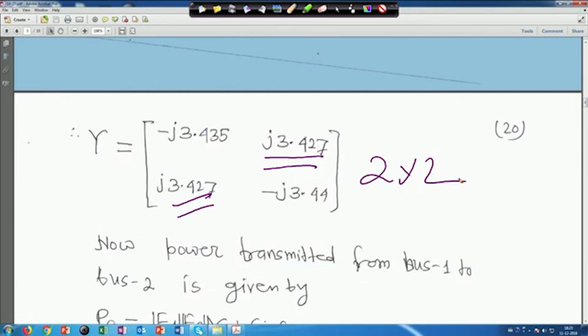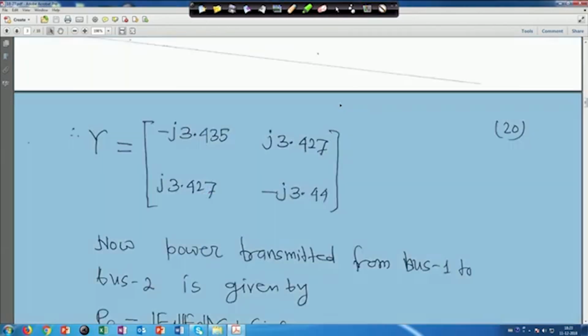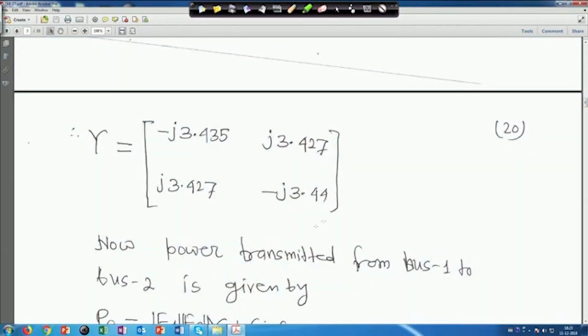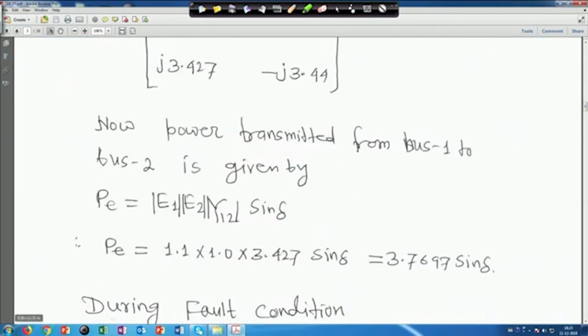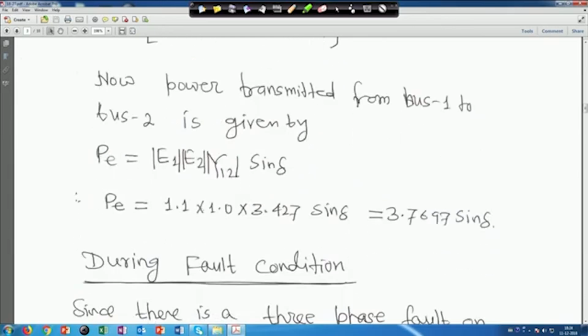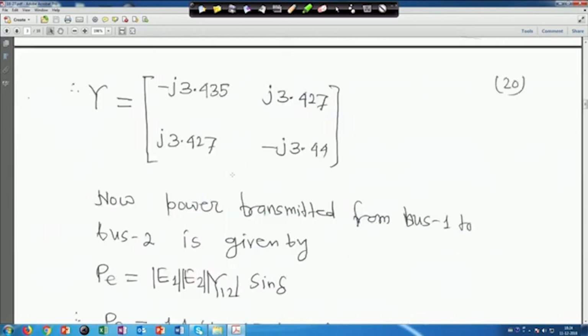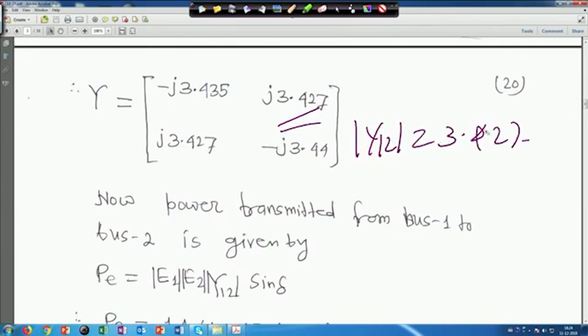Now, power transmitted from bus 1 to bus 2. We know this equation from bus 1 to bus 2 after reduction, that P is equal to mod E1 mod E2 mod Y12 sin delta. E1 and E2 values are given initially, I told you, and Y12 is this one, magnitude of Y12 is equal to 3.427, right.